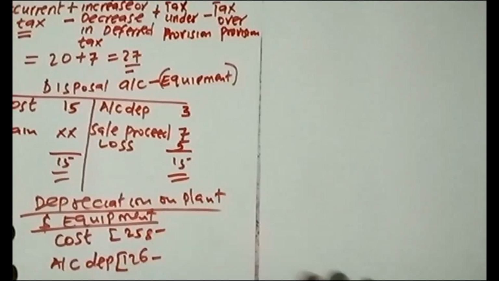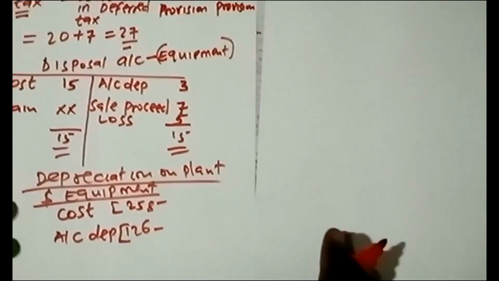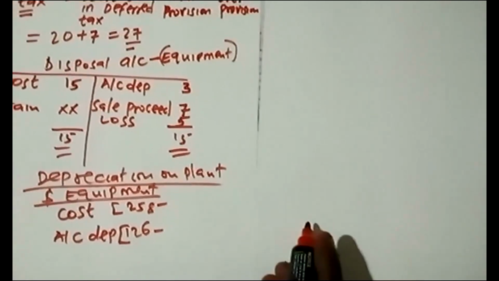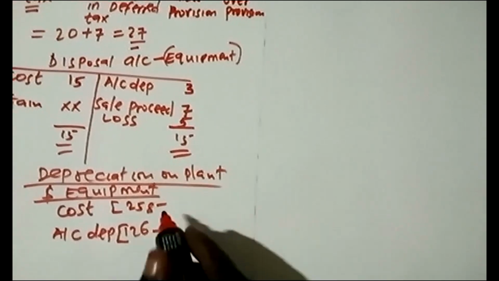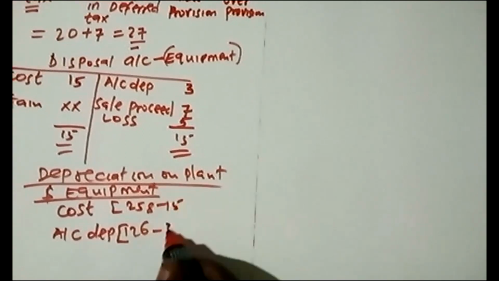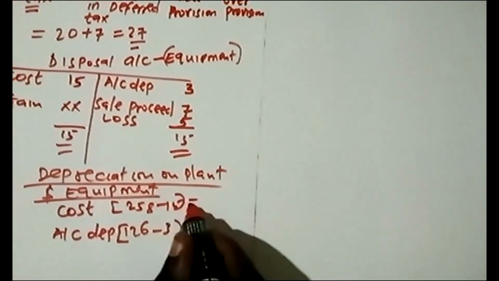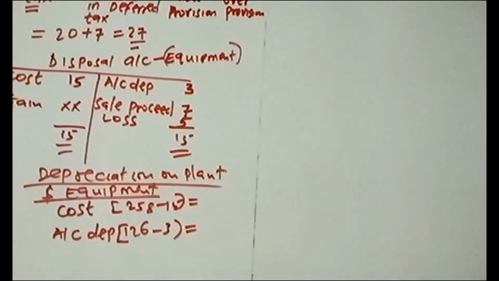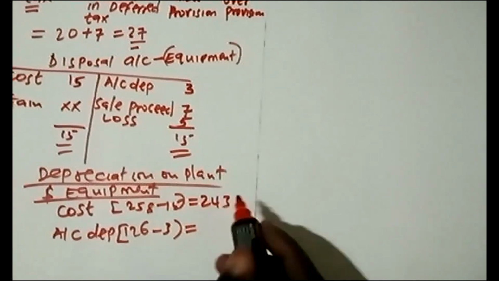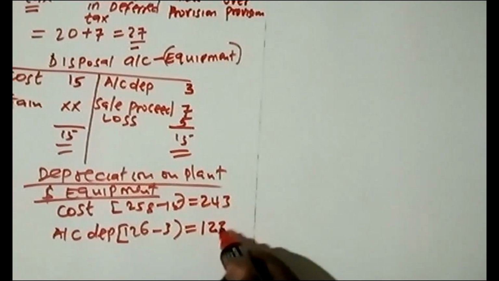So we have to subtract the one which was disposed. The one which was disposed had a cost of 15, accumulated depreciation of 3. So that we get the correct cost of 258 minus 15, this is 243, and this is 123.